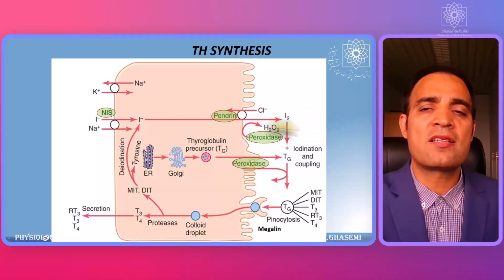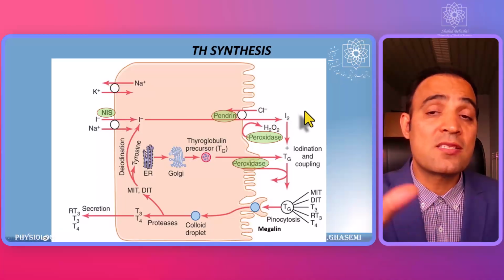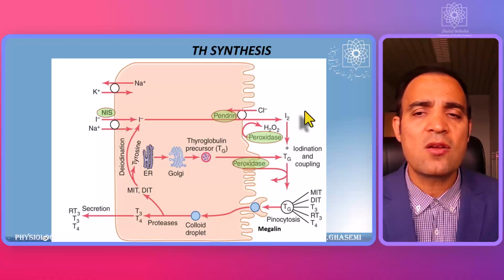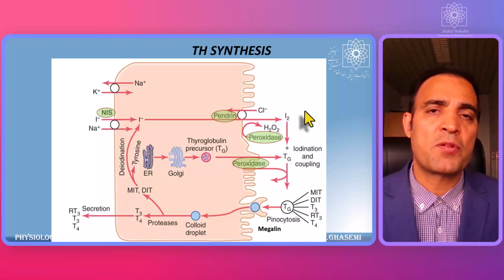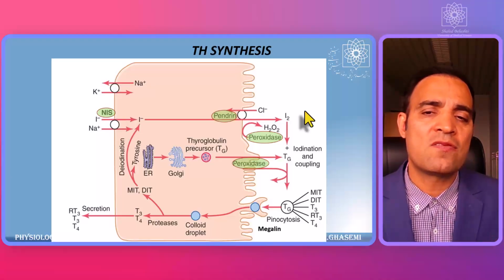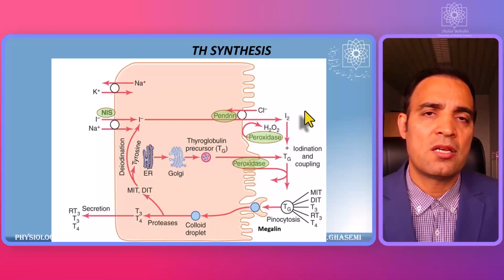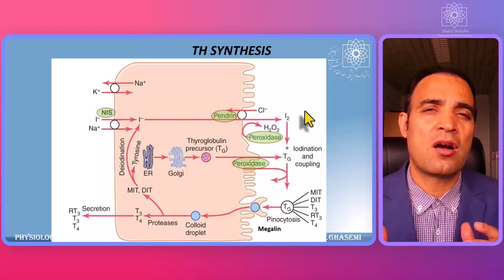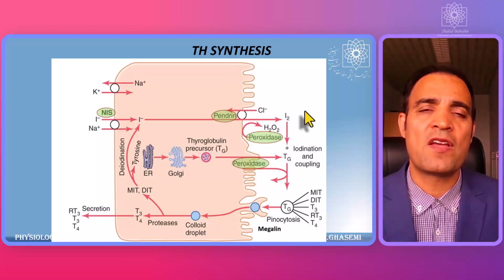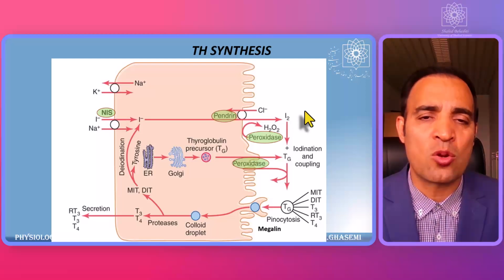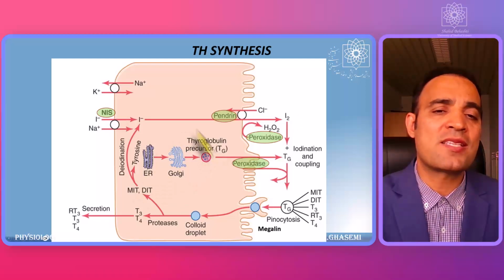This iodide will enter the colloid space. Inside the colloid space, with the function of peroxidase, this iodide will be added to the tyrosine amino acid of a large protein named thyroglobulin that is produced by the same cells.